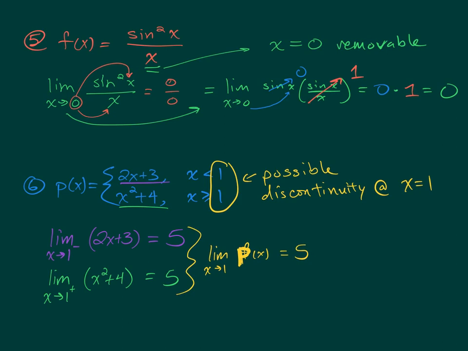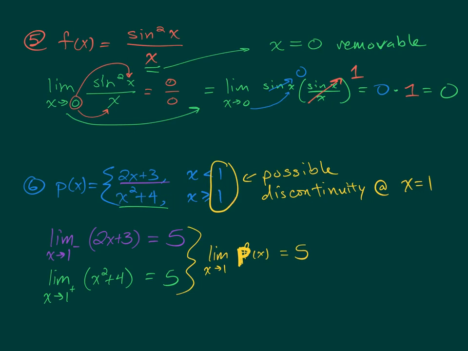So one of the conditions for checking continuity at a single x value was that the limit must exist. And yes, the limit does exist. Another condition that needs to be met is that p of 1 also exists. And yes, it's true that at x equals 1, there's a function there.